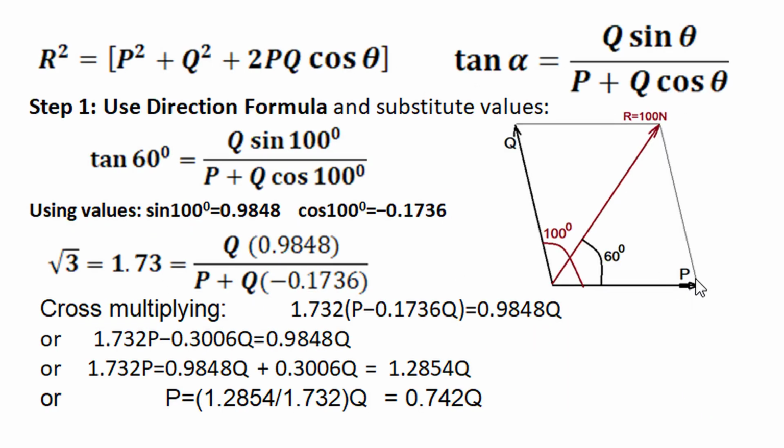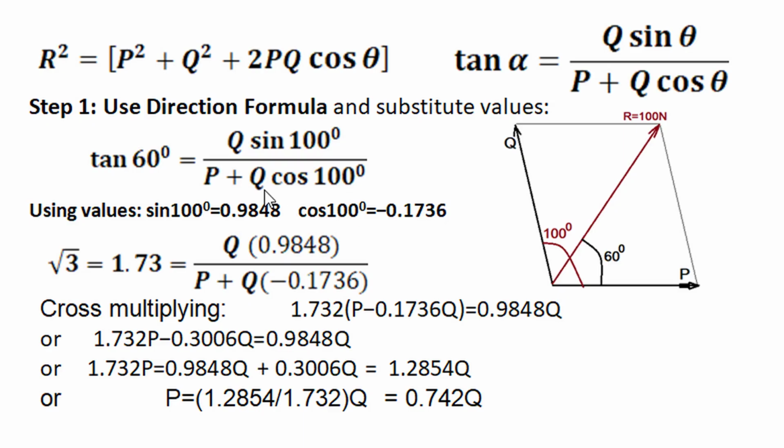Let's first find the interrelationship between P and Q, and for that we use this direction formula of the resultant with force P as Q sin theta upon P plus Q cos theta, where alpha is given as 60 degrees and theta is given as 100 degrees. P and Q are the two unknowns. Tan 60 degree is root 3, sin 100 is 0.9848, and cos 100 is negative.